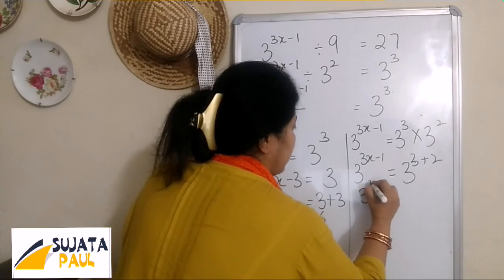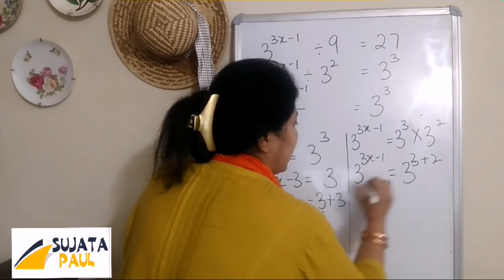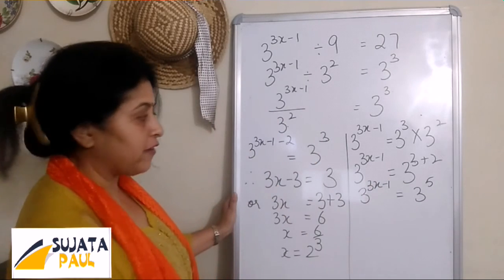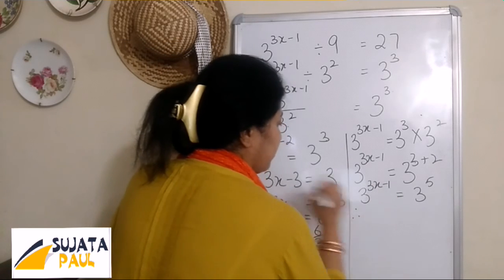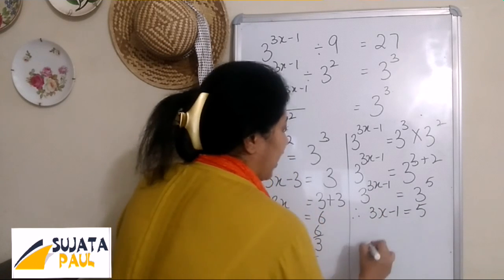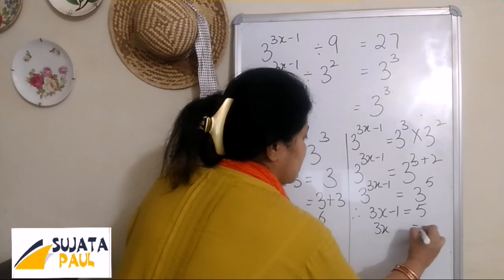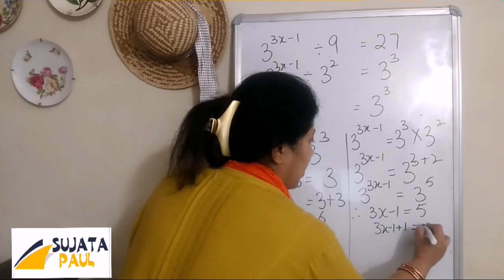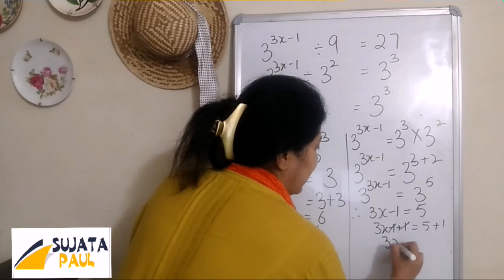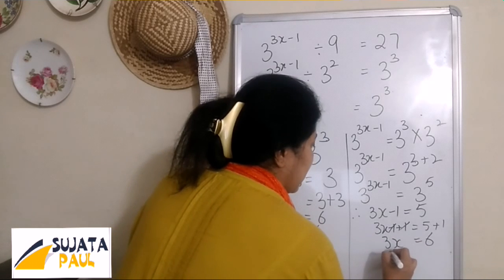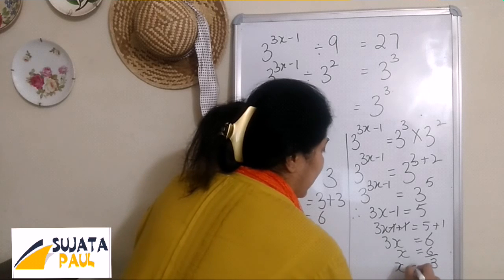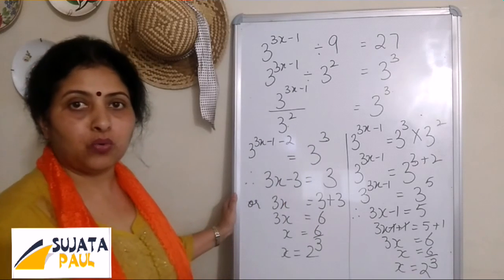And this becomes 3 raised to the power of 3x minus 1 is equal to 3 raised to the power of 5. And therefore, 3x minus 1 is equal to 5. 3x is equal to 5 plus 1, which is 6. x is equal to 6 by 3, or x will be equal to 2.